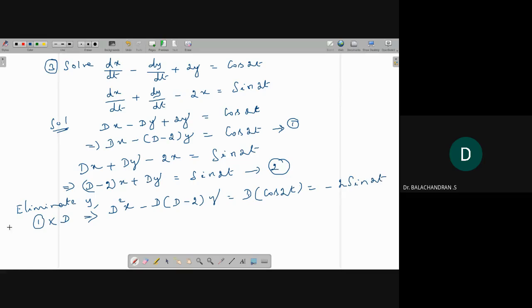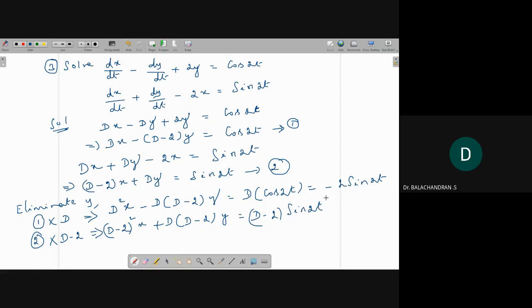Okay, so now equation 2 into D minus 2. This implies (D minus 2) whole square into x plus D into (D minus 2) into y equal to (D minus 2) into sine 2t.